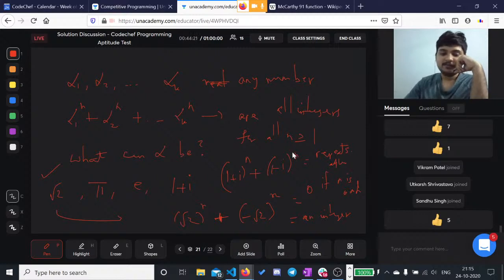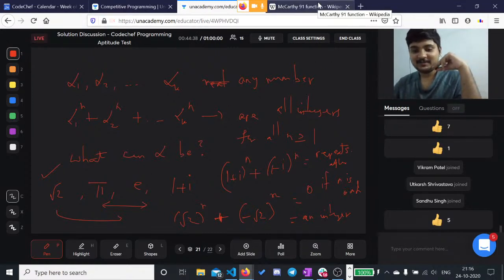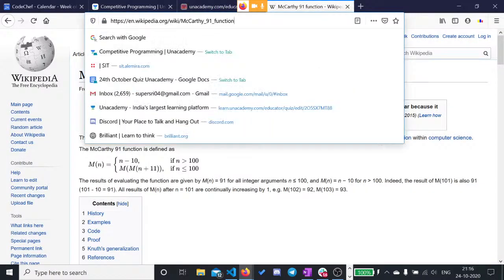There's a pattern for this, and you can just show that this is an integer for all numbers. But what about these two numbers, pi and e? So again, this was meant to be a hard question for people who are experienced and are attempting this quiz. We wanted something for them as well.